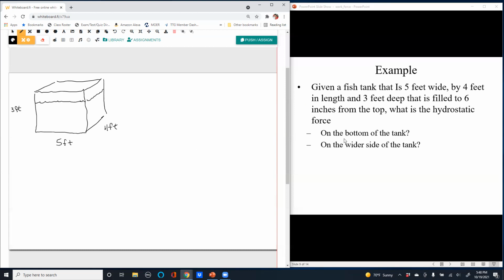Okay, there are 2 questions here. We want the total force on the bottom of the tank and the total force on the wider side of the tank, or the front of this tank. All right, so let's do the bottom first. Now, here's what's interesting about the bottom. At the bottom, which is basically down here, the water pressure is the same at all the points because they're all at the same depth.